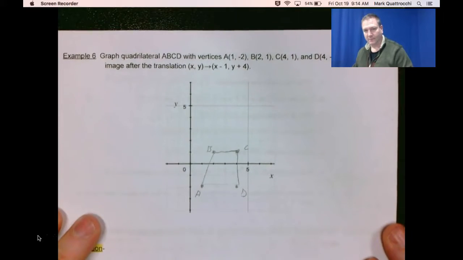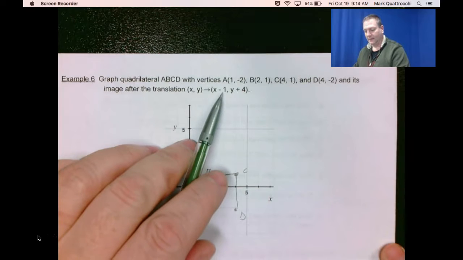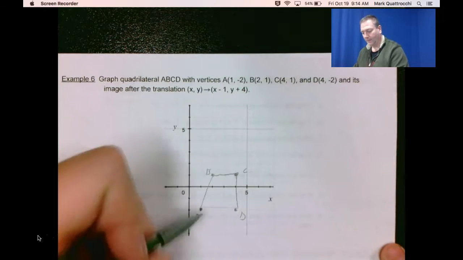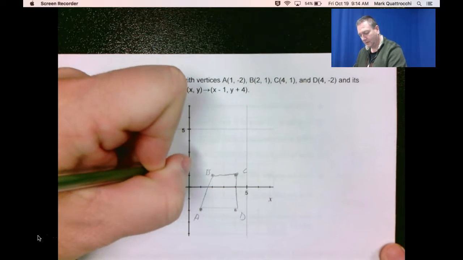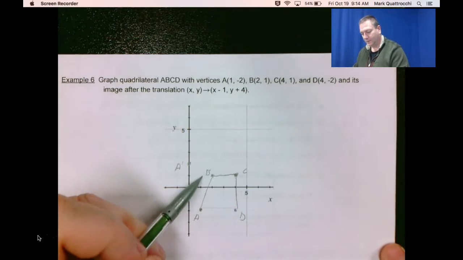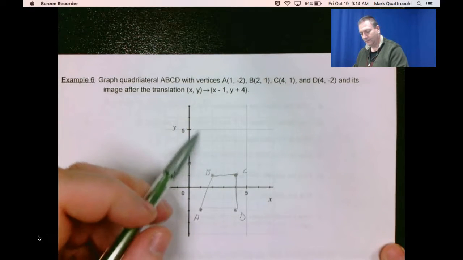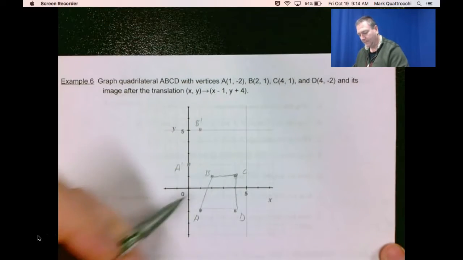ABCD. Now we want to plot A prime, B prime, C prime, D prime, going left 1, up 4. Left 1, up 1, 2, 3, 4. Here's A prime. Left 1, up 4, 1, 2, 3, 4. B prime.